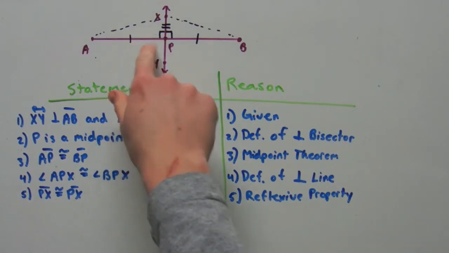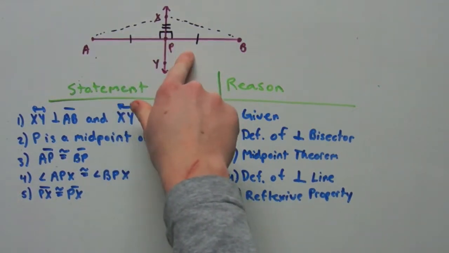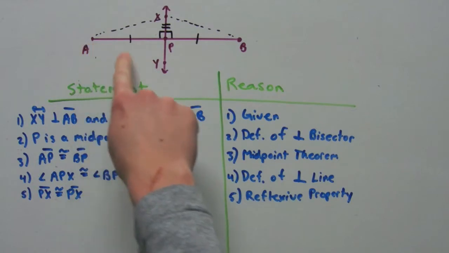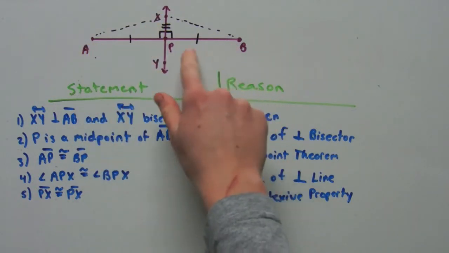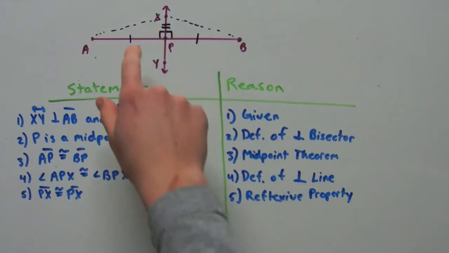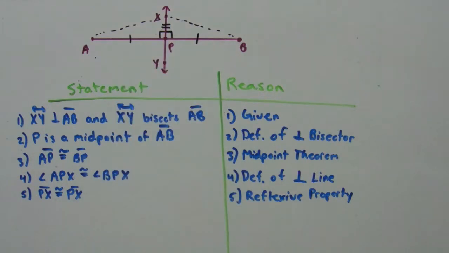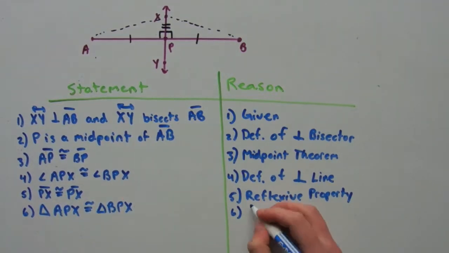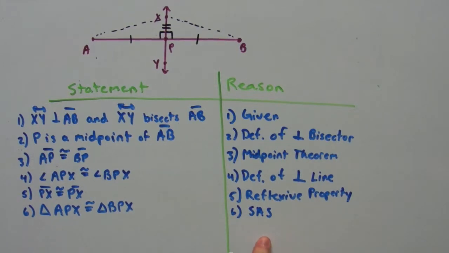So if you see, we have created two triangles, triangle APX and triangle BPX, and because the side angle side is congruent to the corresponding side angle side, then the two triangles are congruent. And we know that when two triangles are congruent, then their corresponding parts are congruent.